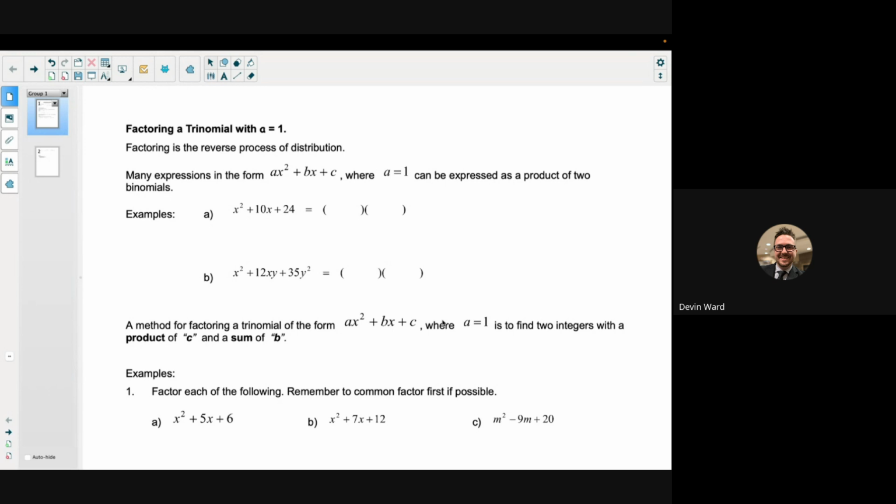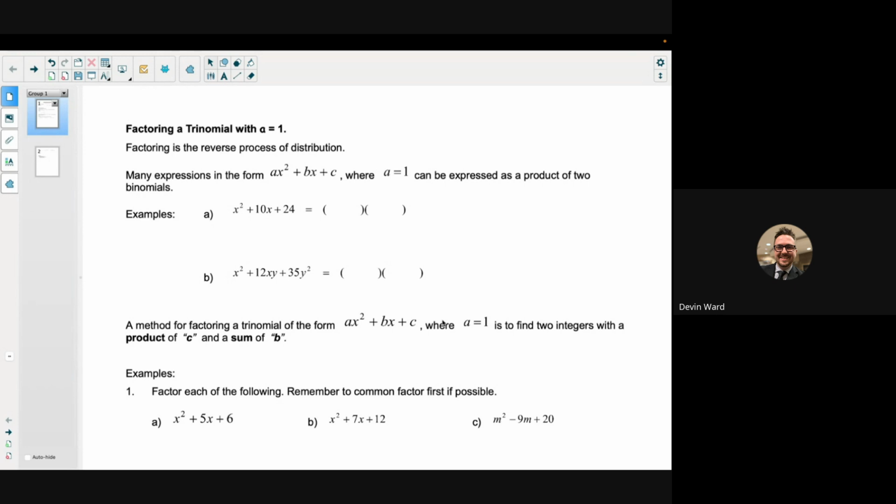I have 3 and 16. 3 times 16 gets me 48. And then in order to make it -13, because my sum's negative, my product's negative, the bigger number is going to be negative. So if I take 3 and I add -16, that's like 3 minus 16, which is -13.